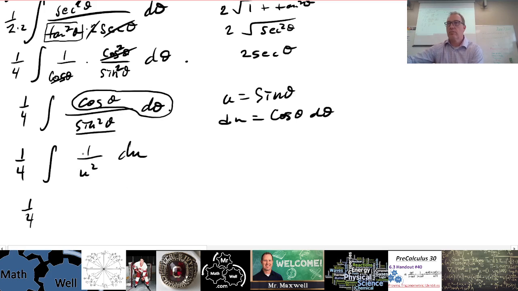It's u to the -2, so you add 1 to get to -1, and you divide by -1. So that's going to be negative, which I'll put in front of the 1/4 there, 1 over u, or u to the -1. And this is going to be plus c then, right?